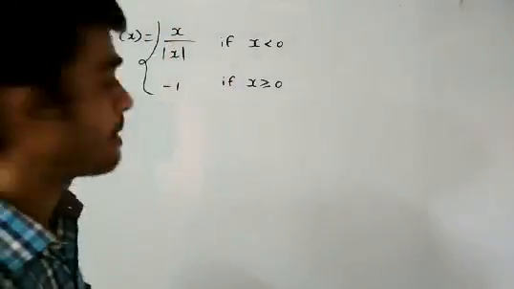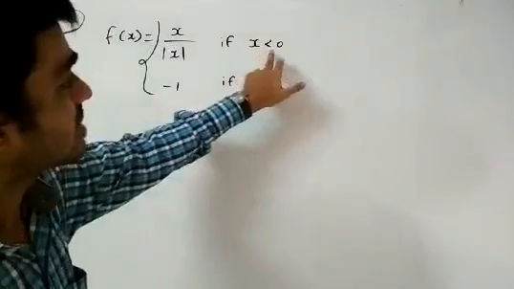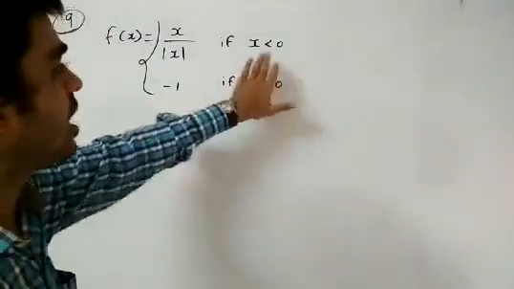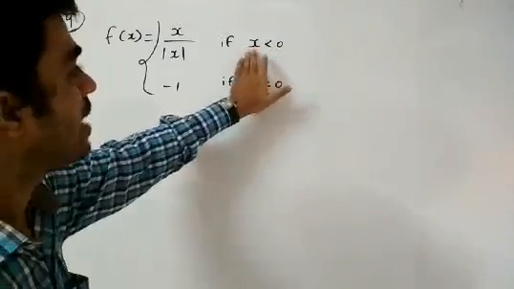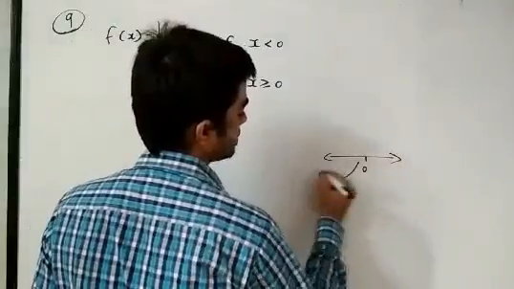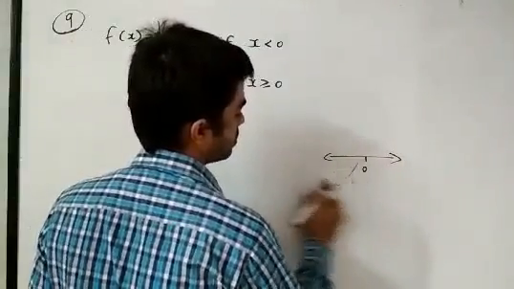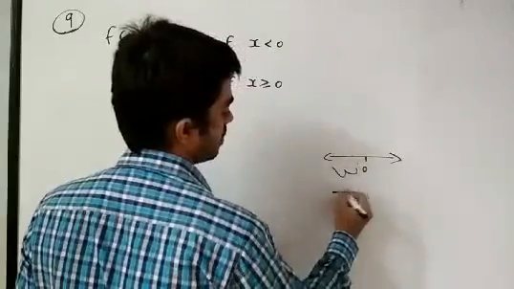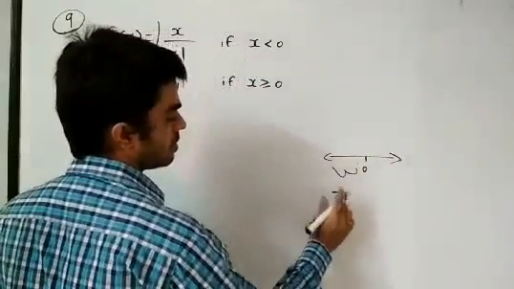Again modulus. Now see, x less than 0, यहाँ पे क्लियरली दिया हुआ है कि x is less than 0. चलो x is less than 0, तो नंबर लाइन पे अगर 0 से लेस है जो भी फंक्शन, तो उसकी वैल्यू क्या है? माइनस, राइट?